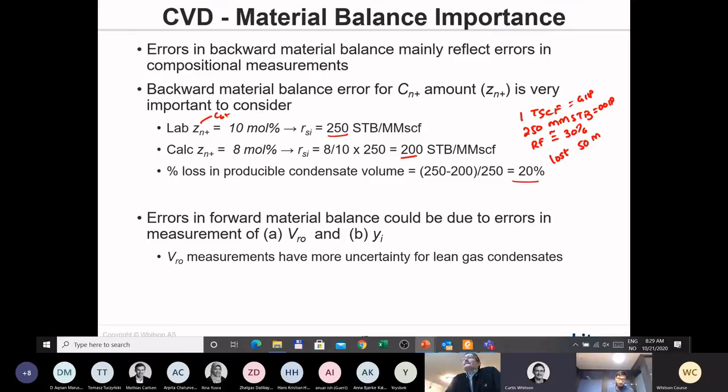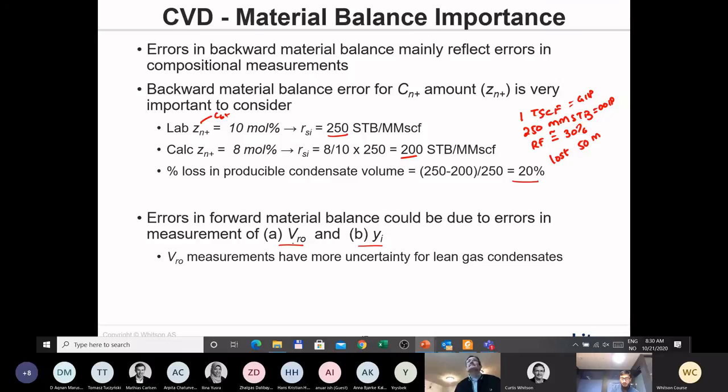Very good, Curtis. On the other hand, if we look at the forward material balance, then that material balance error could be due to the uncertainties in your liquid saturation measurements or the CVD removed gas composition measurement.